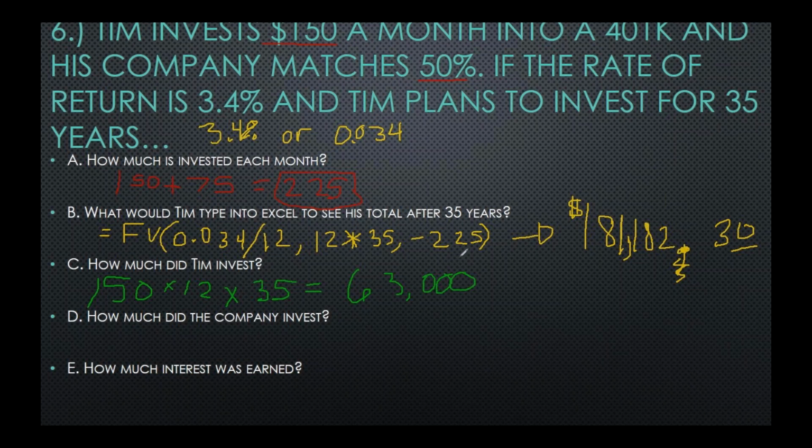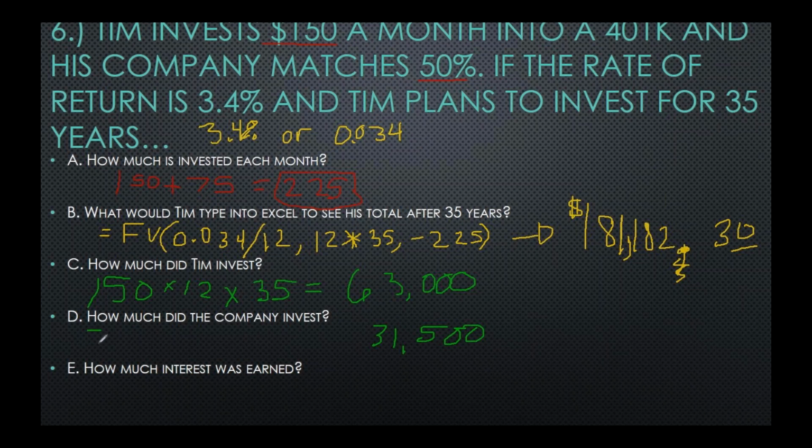Okay, now think about this. If the company invests half of that, how much did they invest? This is letter D. There's two ways you can figure that one out. $31,500. Exactly.